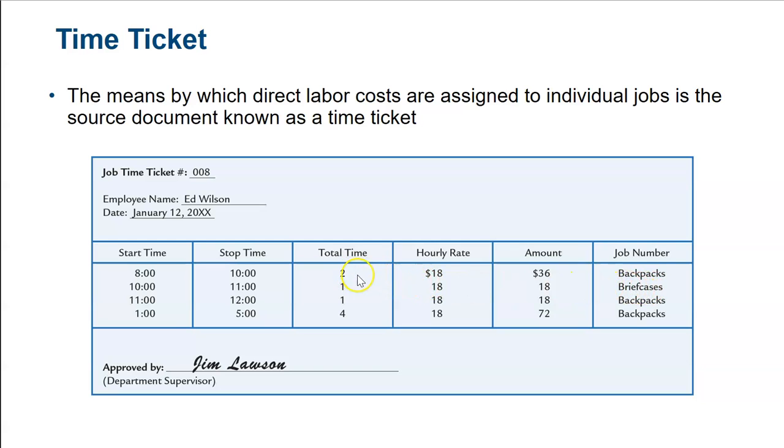This 2 hours here, this 1 hour here, and this 4 hours here, that's 7 hours of direct labor that ultimately are going to flow through to that backpack job. And then he also has 1 hour that he spent on the briefcases, probably something to do with those buckles. Okay, so the cost from this time ticket feeds into the appropriate job order cost sheet as direct labor cost.